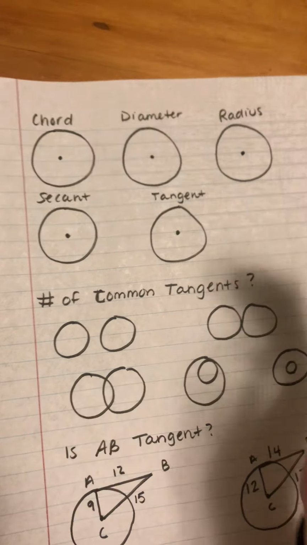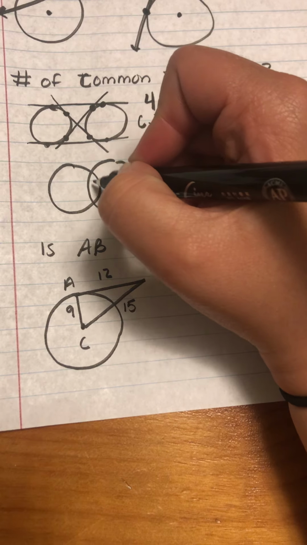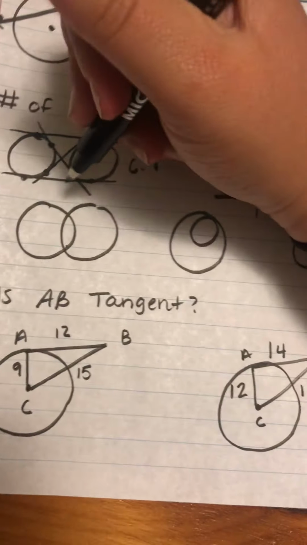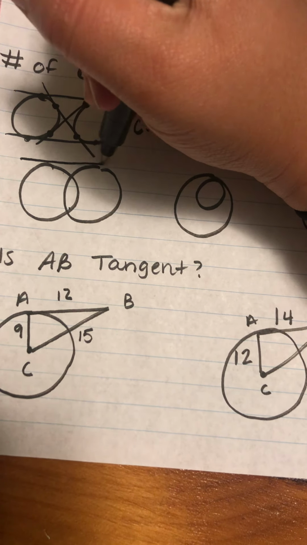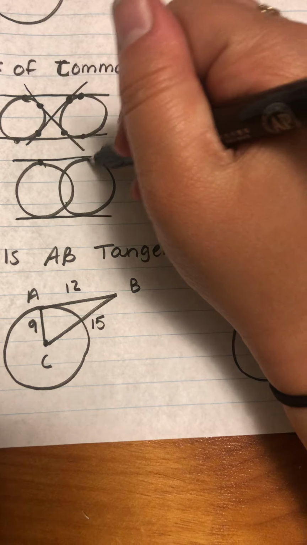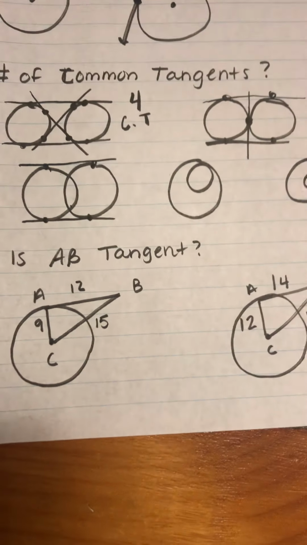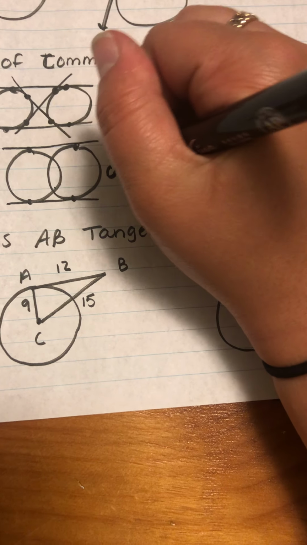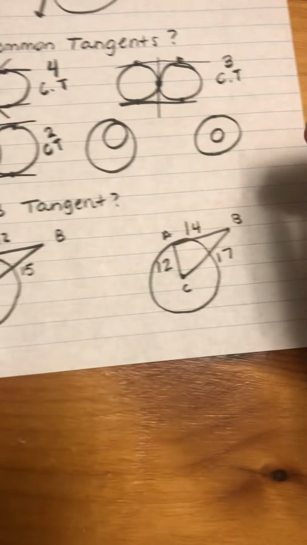I can't draw that middle line like I did up here, because if I did that, I would be hitting both circles two times. So that one goes away. The only ones I have left are the ones on the top and the ones on the bottom, where I'm hitting each circle just once here. So these types of diagrams would only have two common tangents.